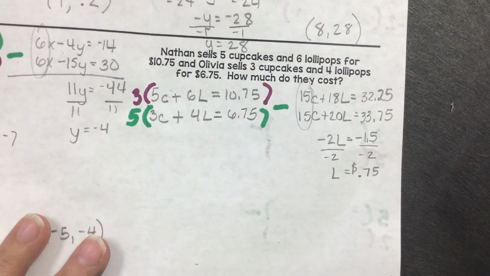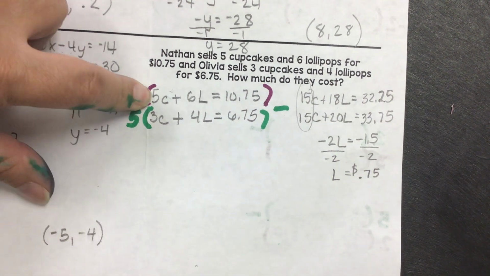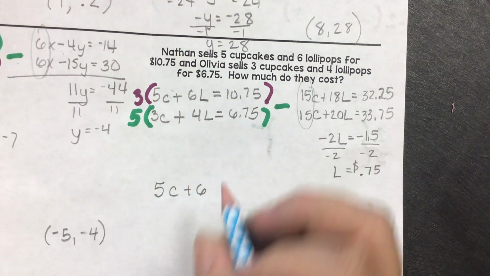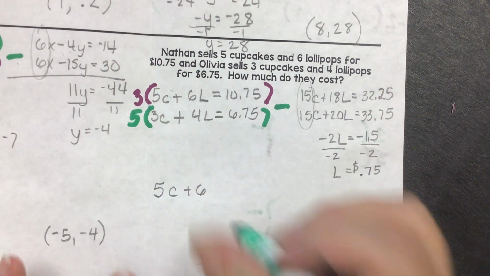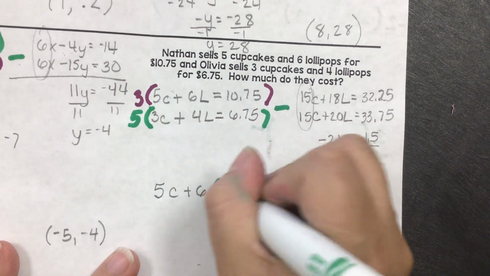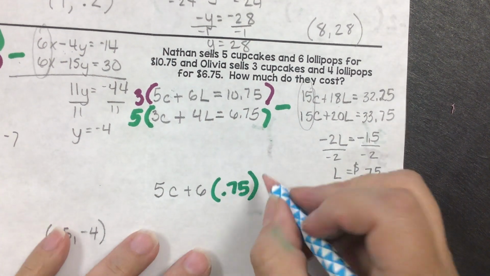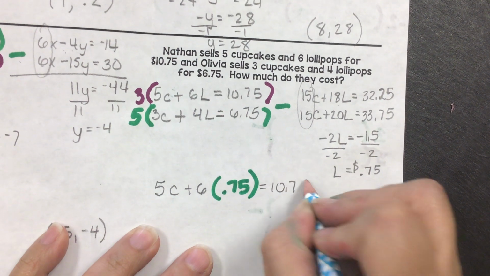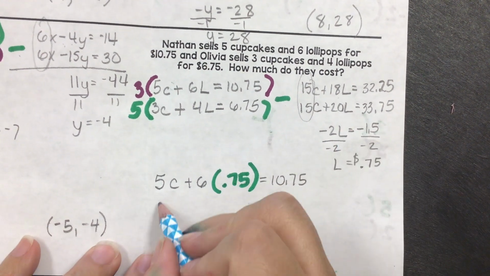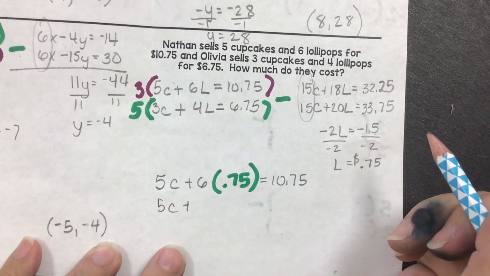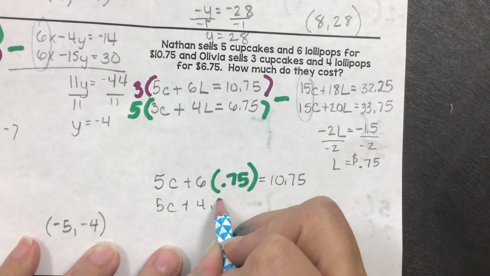Now we need to know how much a cupcake is. So we're going to take the first equation, 5C plus 6L, and substitute in the value of L, which is 0.75 or 75 cents. And that equals 10.75. 5C plus, and then 6 times 0.75 is 4.5.